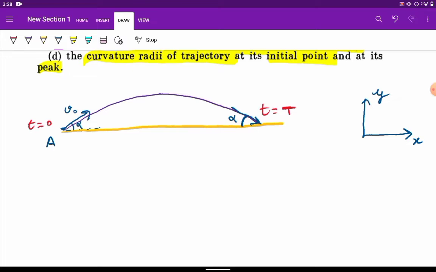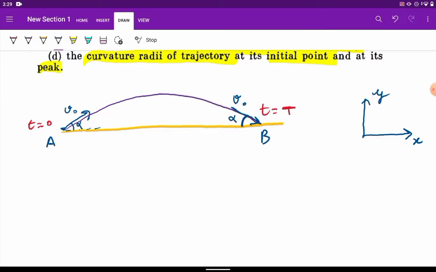If you have some initial knowledge of conservation of energy, kinetic energy plus potential energy, the potential energy is the same for the source point A and the destination point B. So the kinetic energy should be conserved, which means the initial speed should be equal to the final speed. If this magnitude is v naught, this magnitude will also be v naught.